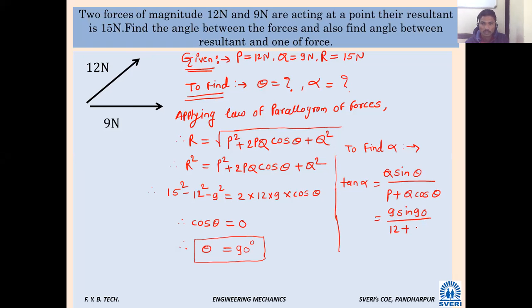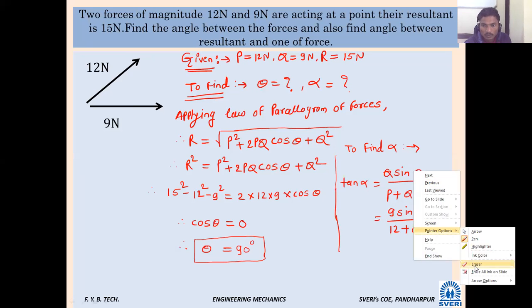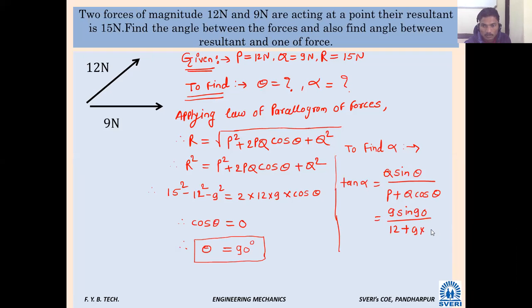So Q is 9 into, not sine, cos 90. Just check how much it is. Therefore alpha equal to, so the answer should be 36.86. Here how much? 0.75.